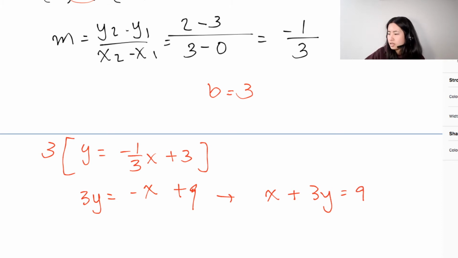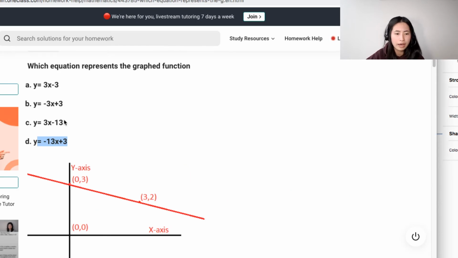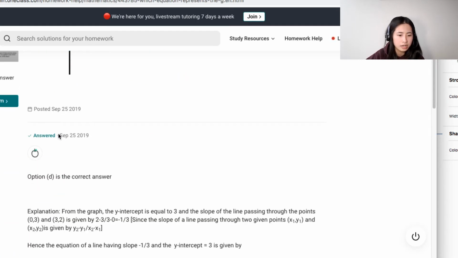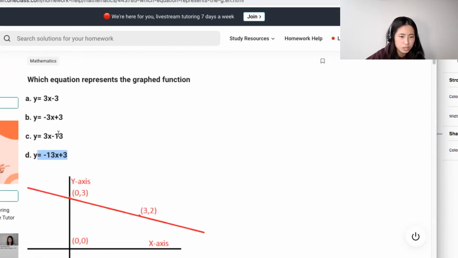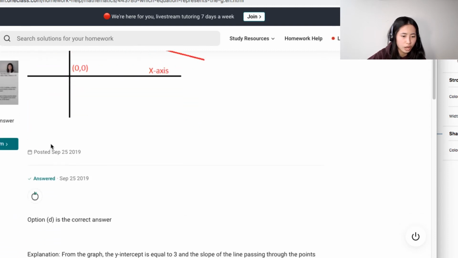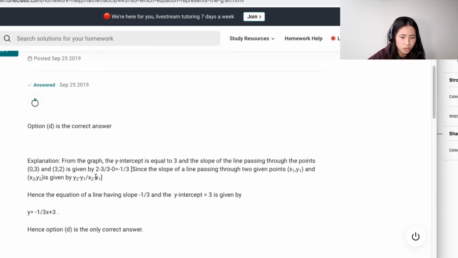Regardless, we don't have that option. Let's go back to the question. Apparently it's not within the following options. But I guess this is the solution.